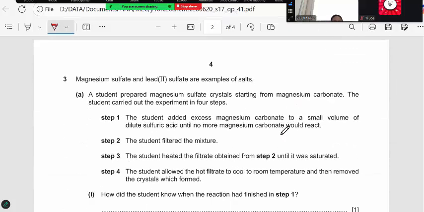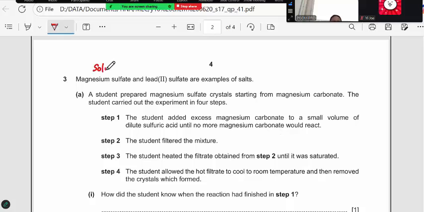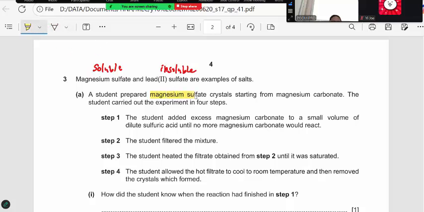Magnesium sulfate and lead sulfate. You need to know this is soluble and this is insoluble. The method to make a soluble salt and the method to make an insoluble salt is different. I taught you all last week, right? A student prepared magnesium sulfate crystals, starting from magnesium carbonate.